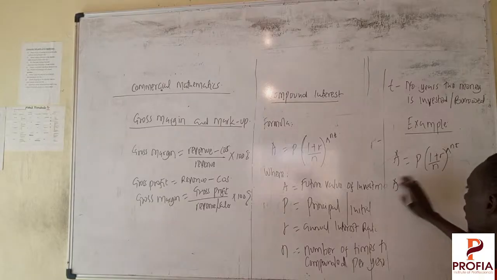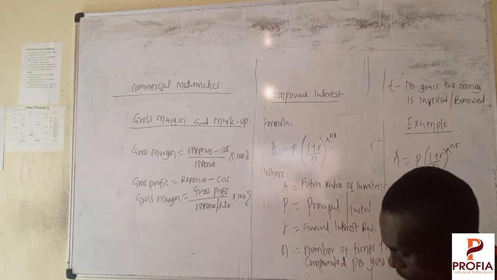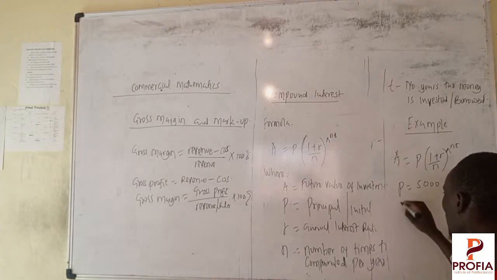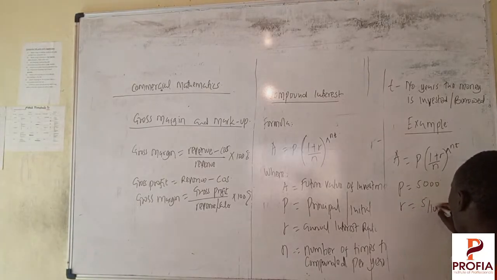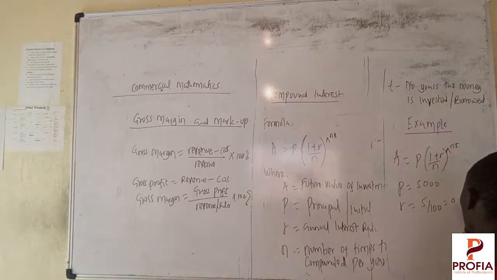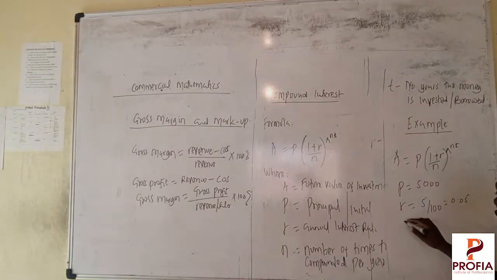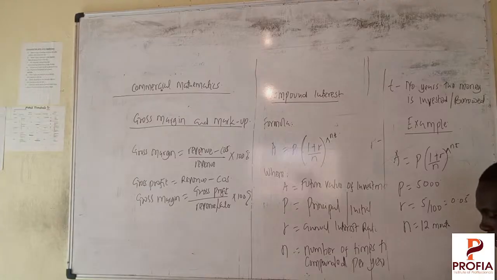When we look at this question, we have been given the principal, which is 5,000, and we have rate r, which is 5 over 100, is 0.05, and we have n of 1 year, which is 12 months. Then we have t, time, which is 10 years.